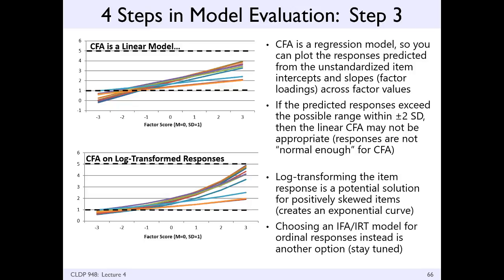So the top plot is what happens when I fit a CFA to the answers to those items. Model fit well. All the loadings were significant, decently sized. But what's the problem here? At a factor score of about 1.5 standard deviations below the mean, we hit the floor. You can't answer 0 or -1 on this scale. This prediction is not plausible.